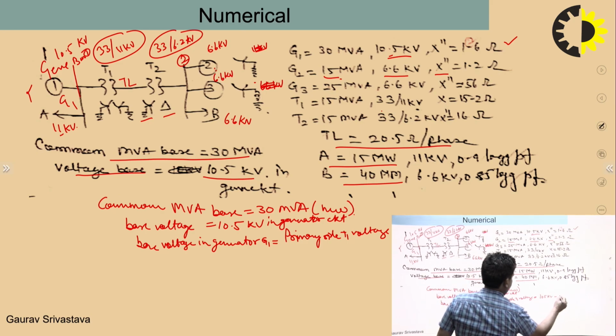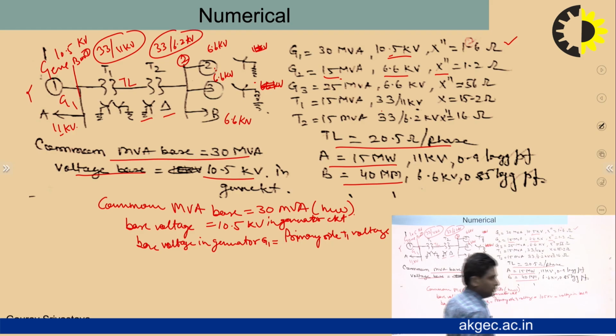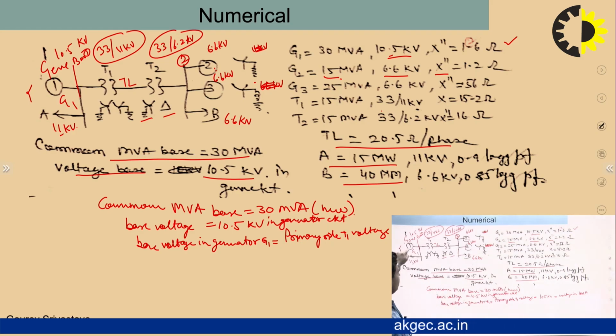Similarly, that is the voltage for load A, because we have selected the base voltage as 10.5. This voltage is equivalent to the primary side of T1.